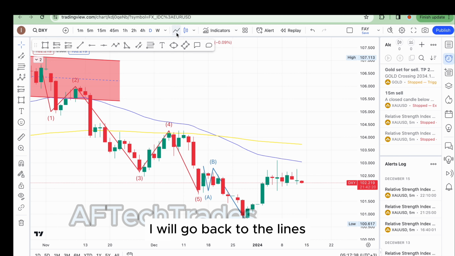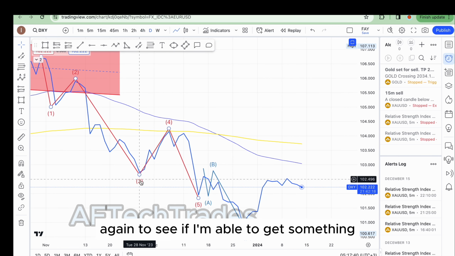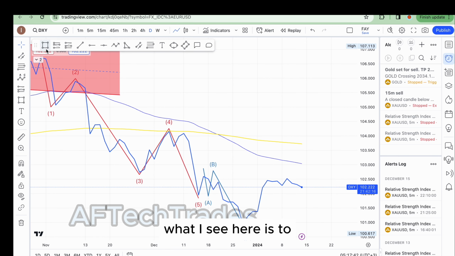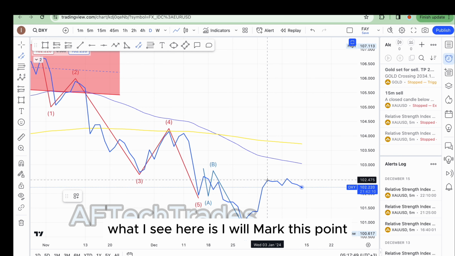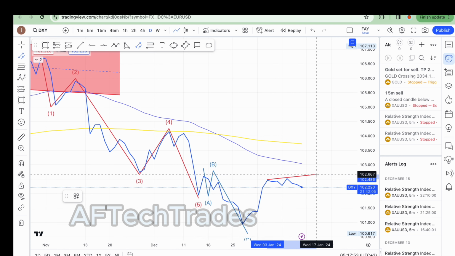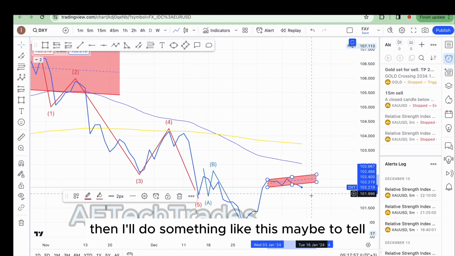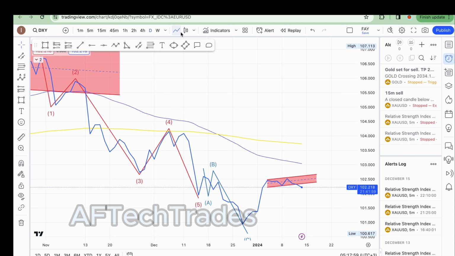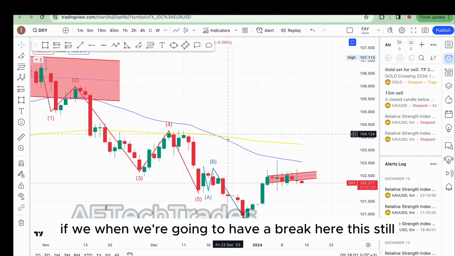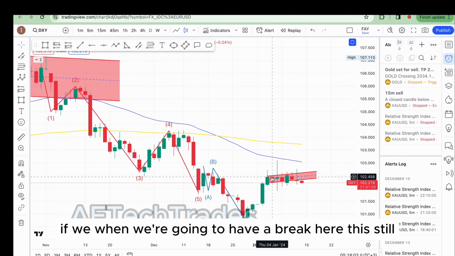I will go back to the lines again to see if I'm able to get something. What I see here is, I will mark this point, I'll mark this point, then I'll do something like this maybe to tell when we're going to have a break here.